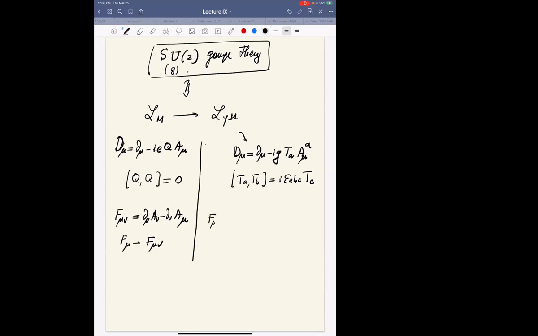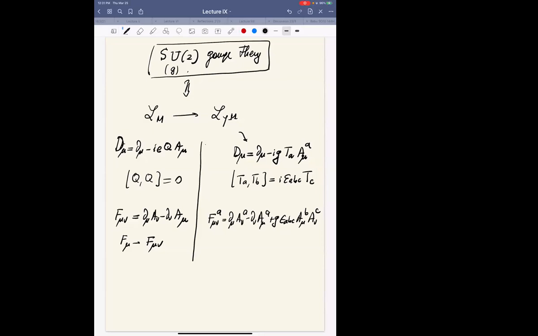So F_mu nu^a is d_mu A_nu^a minus d_nu A_mu^a plus g epsilon^{abc} A_mu^b A_nu^c. Because they carry charge, you see. The gauge bosons are here coupled to generators which do not commute, therefore they carry their respective charges.